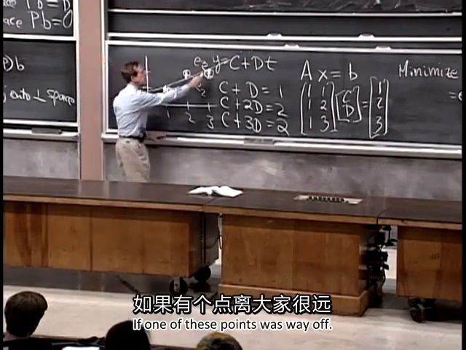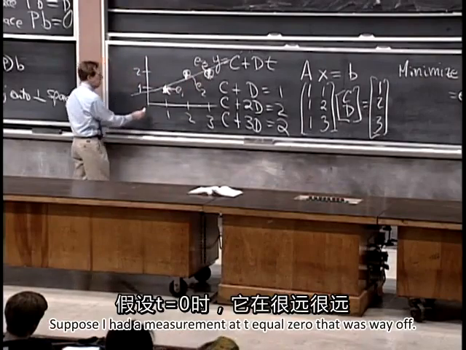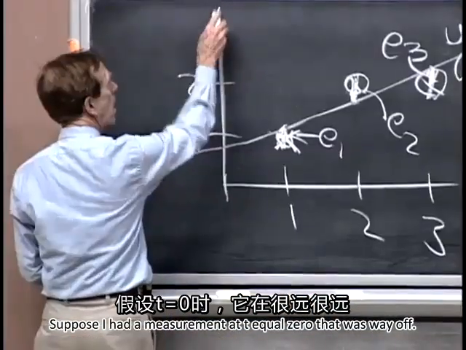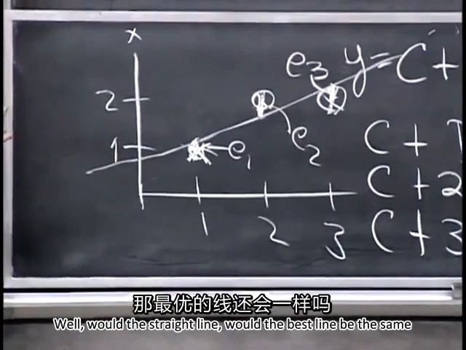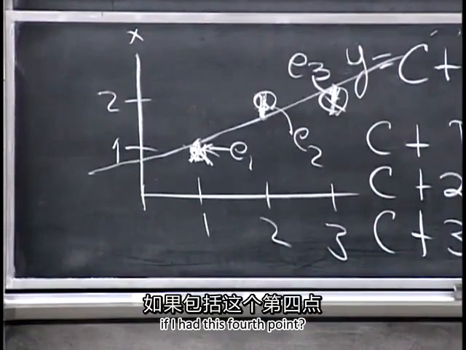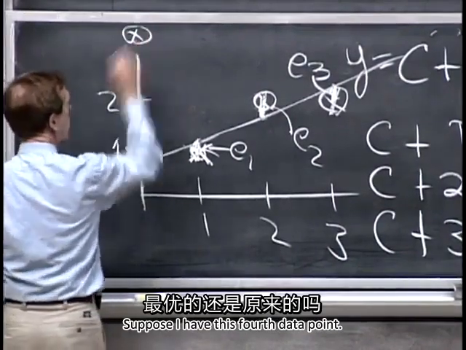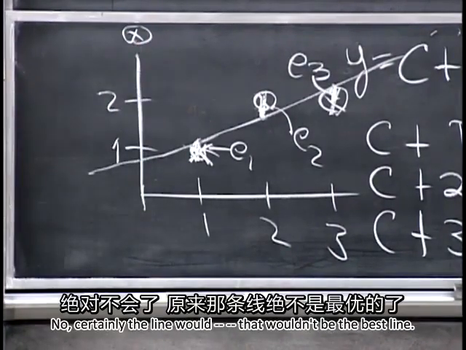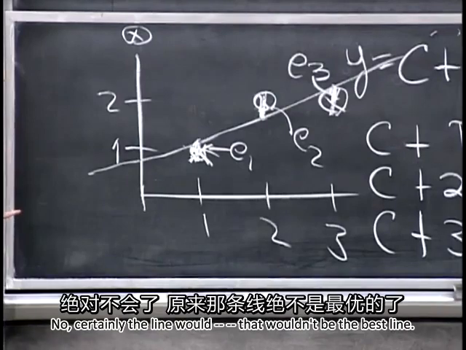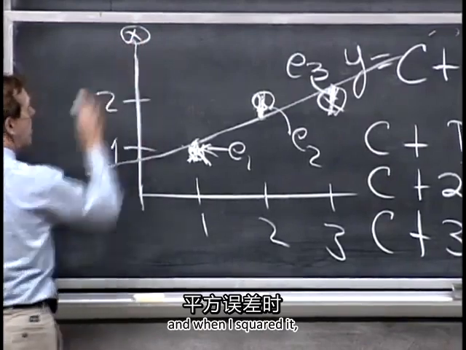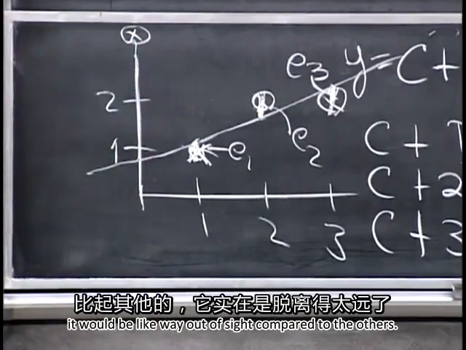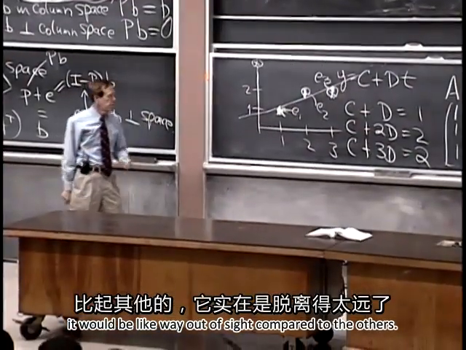If one of these points was way off, suppose I had a measurement at t equals 0 that was way off. Well, would the best line be the same if I had this fourth data point? No, certainly that wouldn't be the best line, because that line would have a giant error, and when I squared it, it would be way out of sight compared to the others.